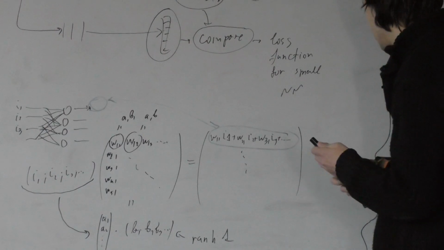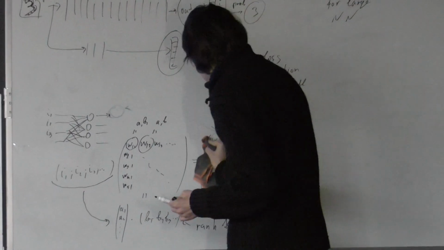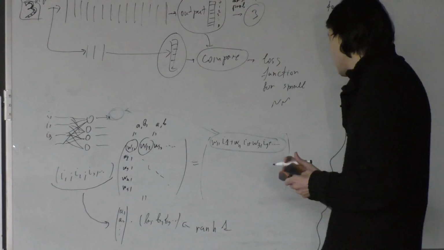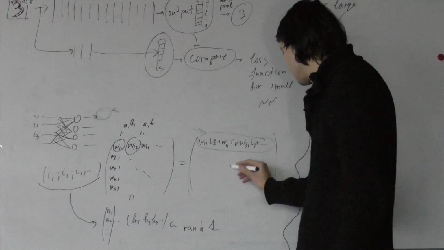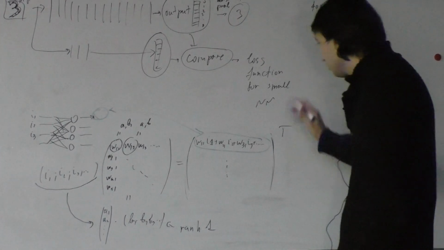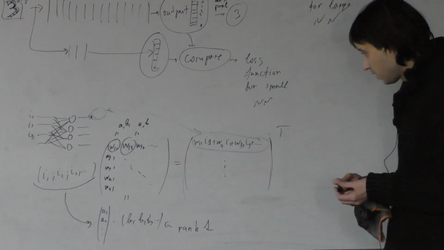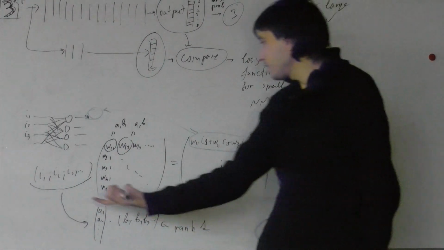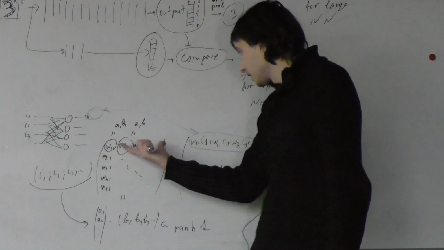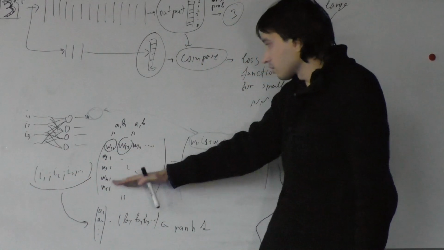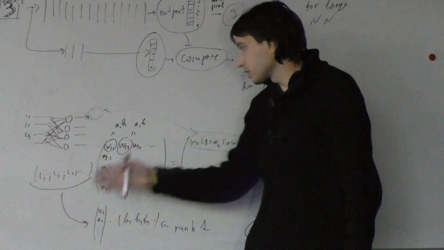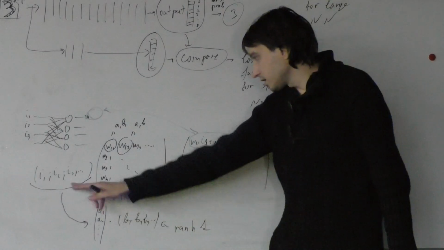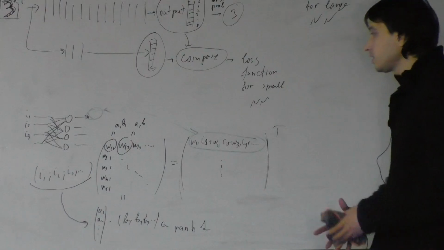I need to correct myself a little bit. This will be not a column vector, but a row vector. Let me write just transpose here, so that will be a row vector. So you see that in this case, the number of multiplications is the number of entries for each of these rows times number of inputs times number of outputs, and you need to do many summations, while in this case the number of operations performed is much lower.